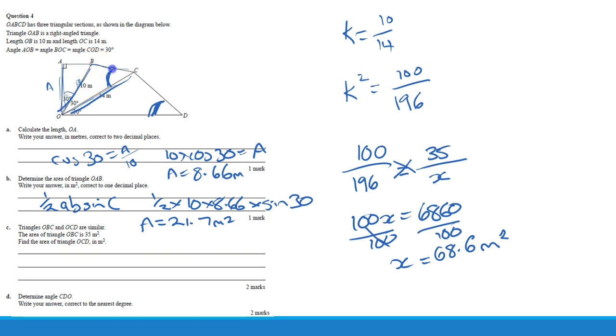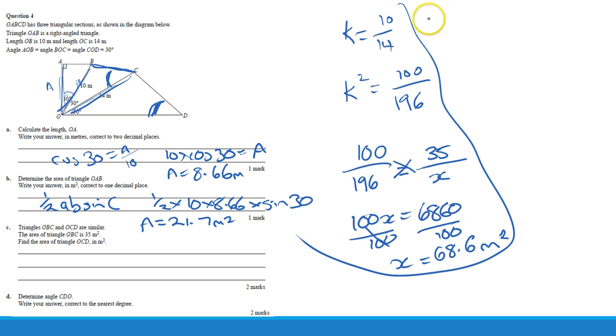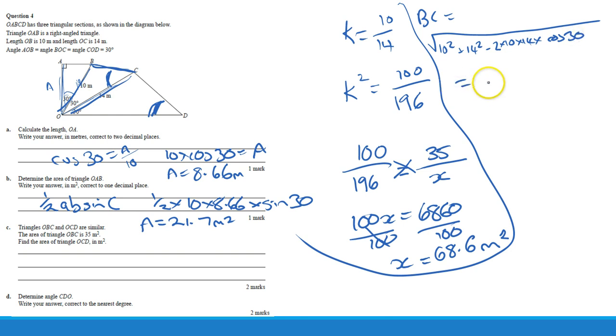Right, so the first thing I'm going to do is find out length BC. So I use the cos rule to find length BC. Ten squared plus 14 squared minus 2 times 10 times 14 times cos the angle in between, which is 30, and that equals 7.31525.